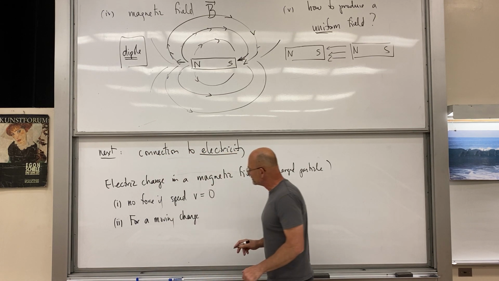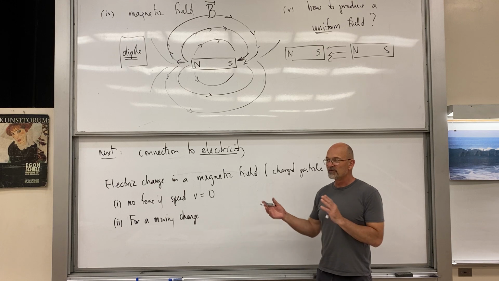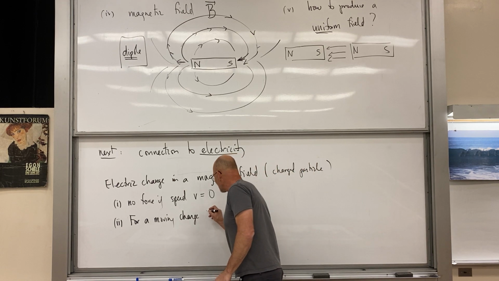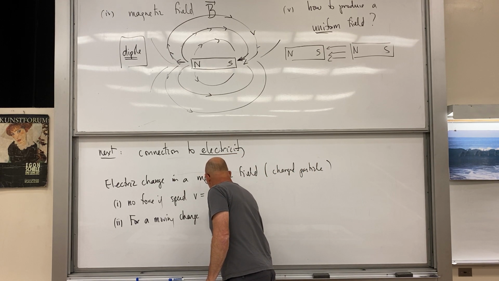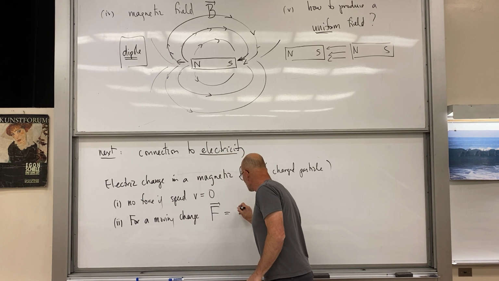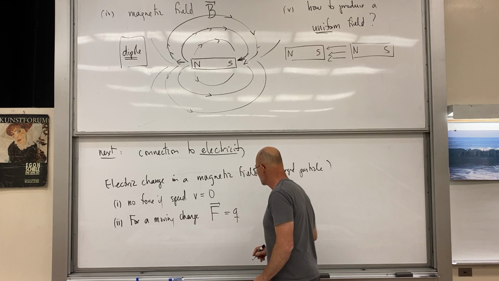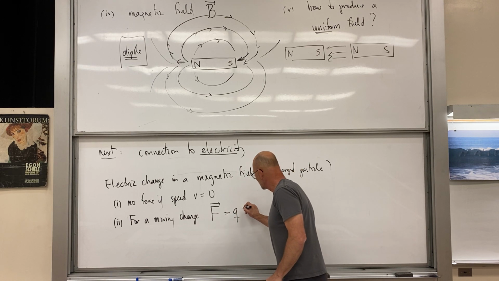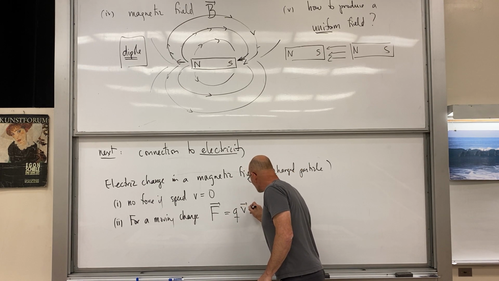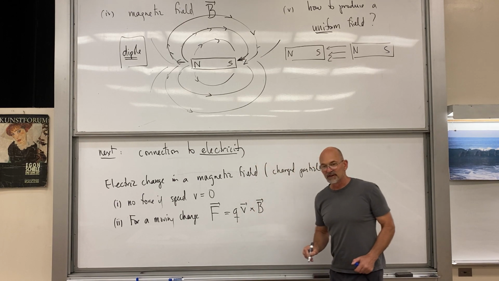There's a whole list of phenomena that you could isolate, but what you find is that the force is proportional to the charge, and the cross product of the velocity and the magnetic field.